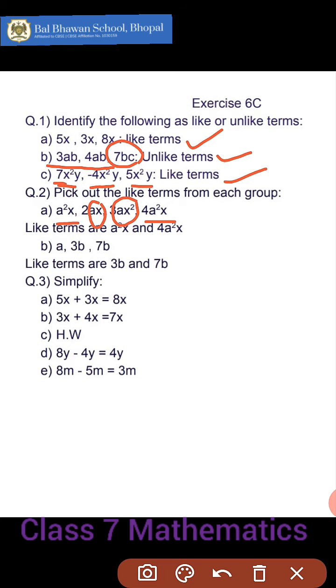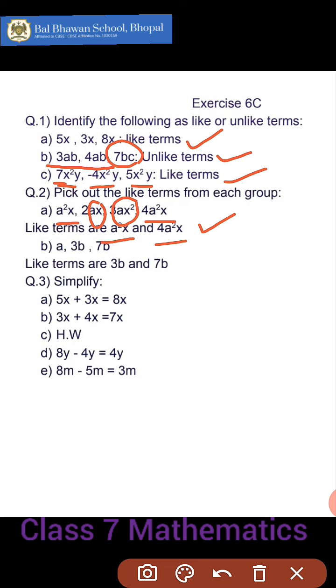So you have a power of x as 2. The terms ax square and 4ax square will become like because both of them are having exactly the same variable with the powers also similar.